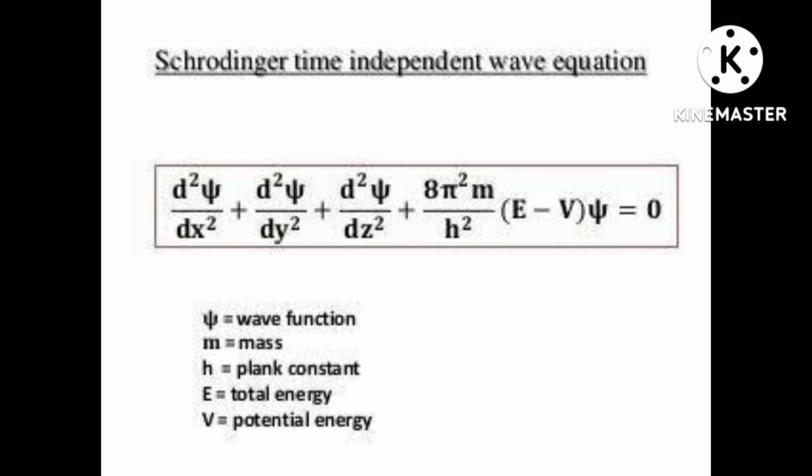The wave function is a mathematical function whose value depends upon the coordinates x, y, z, meaning three directions are considered. Its value, psi, depends upon the coordinates of the electron in the atom and does not carry any physical meaning. Such wave functions of hydrogen or hydrogen-like species with one electron are called atomic orbitals.